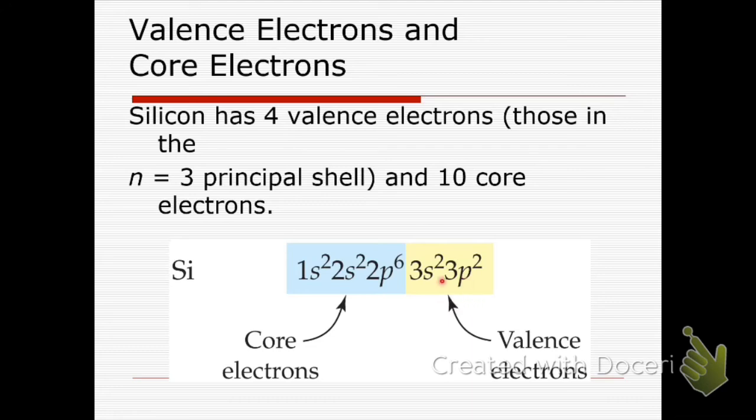So I would have a total of 4, 2 plus 2, 4 valence electrons. Anything that isn't on that is considered a core electron, and we have 6 plus 2 plus 2, 10 core electrons for the total of 14 that we have for silicon.